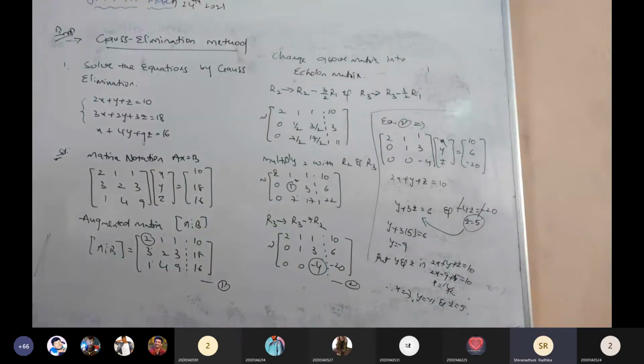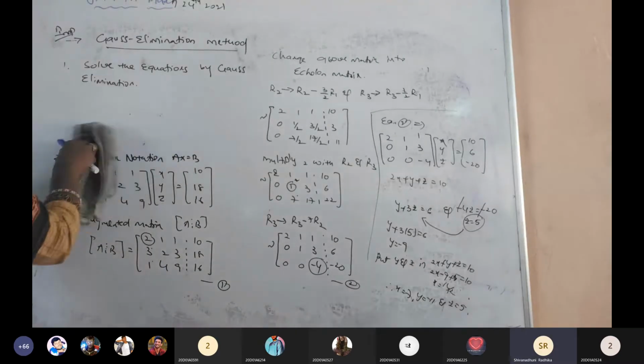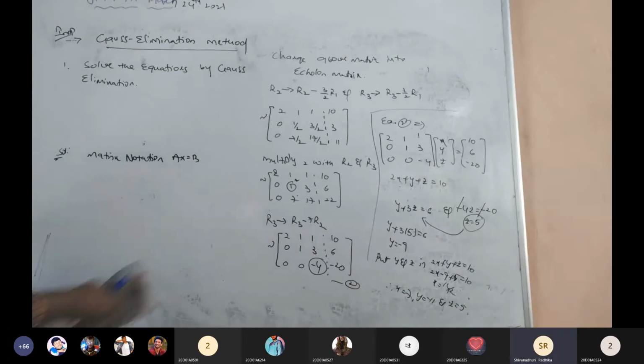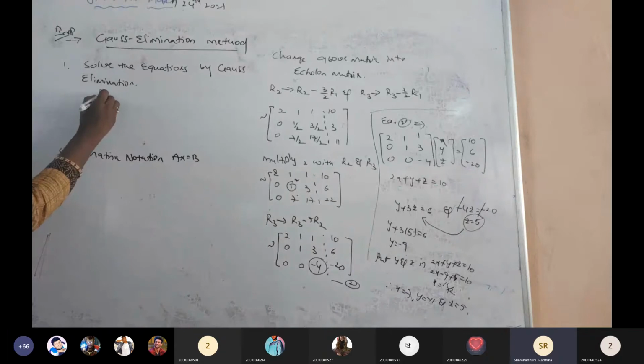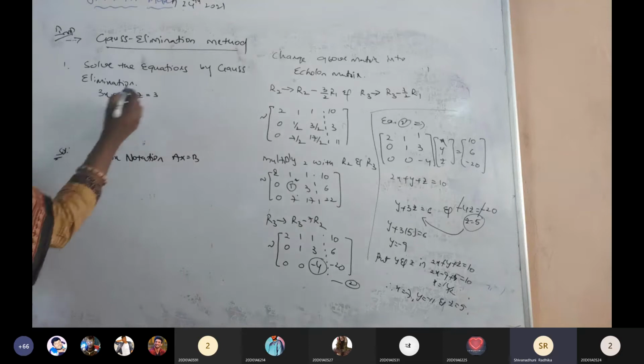And this problem is a very important problem. Write down. About the Gauss elimination. 3x plus y plus 2z equals to 3.